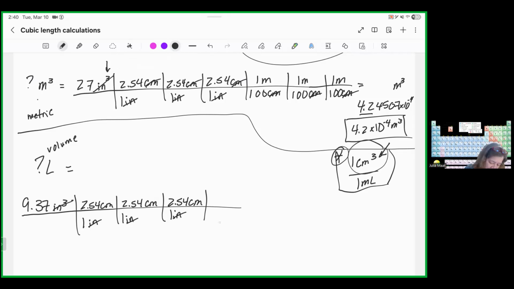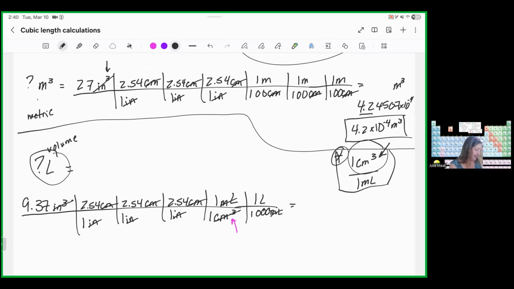Now I can use my conversion that 1 cubic centimeter is 1 milliliter. So see, you already have 3 centimeter units there. You don't need to write this down 3 times because those 3 cancel those 3. Okay, but I need to go to liters. So we know 1,000 milliliters is 1 liter. And I'm left with liters, which is what I'm looking for.